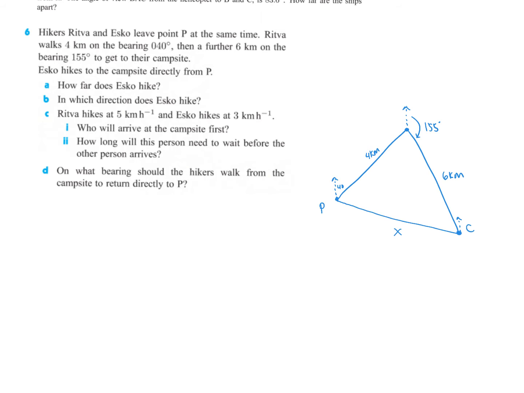Well, we know that this angle and this angle add up to 180. So this angle would be 140 degrees. Then this angle inside here will be 360 minus 155 minus 140, which is 65 degrees. Okay?